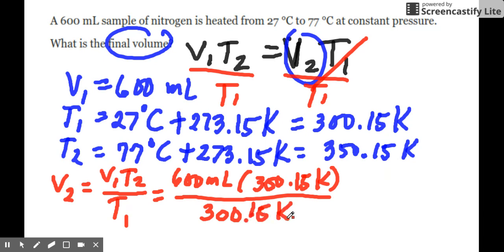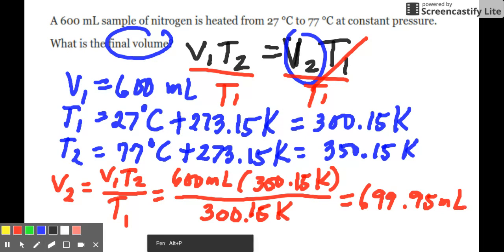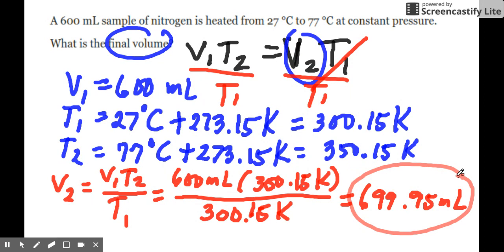Putting that in the calculator, and I hope you're doing that right now, you will get 699.95 ml. So this becomes our final answer: 699.95 ml of nitrogen gas. You have to put the substance. That's the final volume of your nitrogen gas.